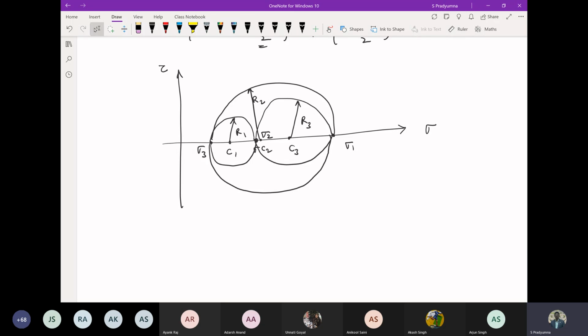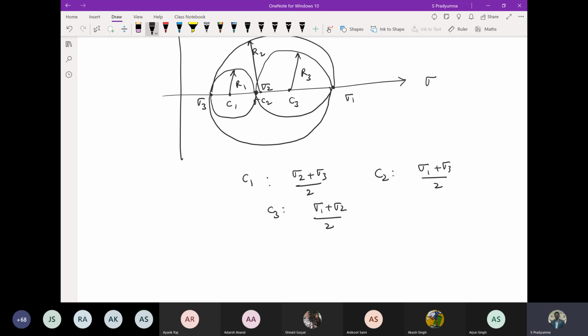The center C1 is sigma 2 plus sigma 3 by 2, C2 sigma 1 plus sigma 3 by 2, and C3 sigma 1 plus sigma 2 by 2.